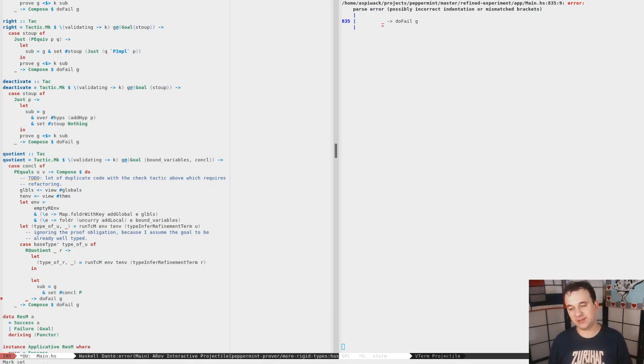This tactic is meant to replace x or y by x or y in the underlying type. And it's a mess. It's really awful.